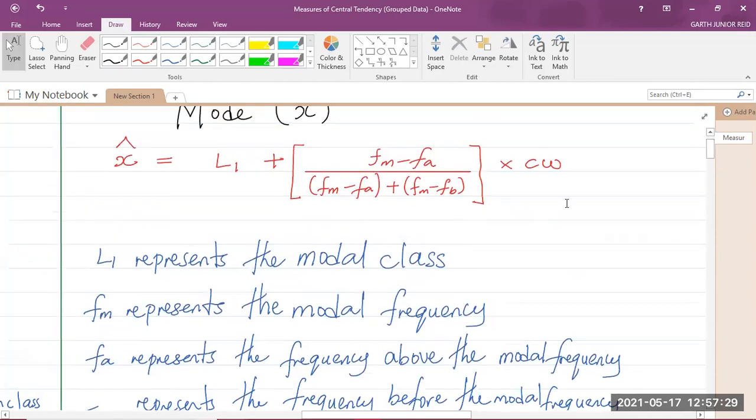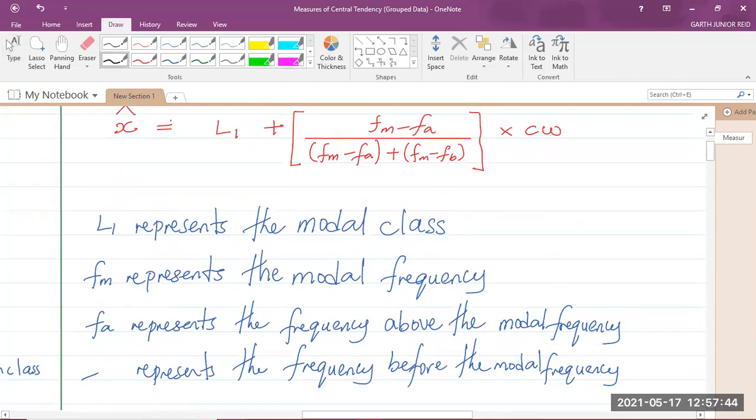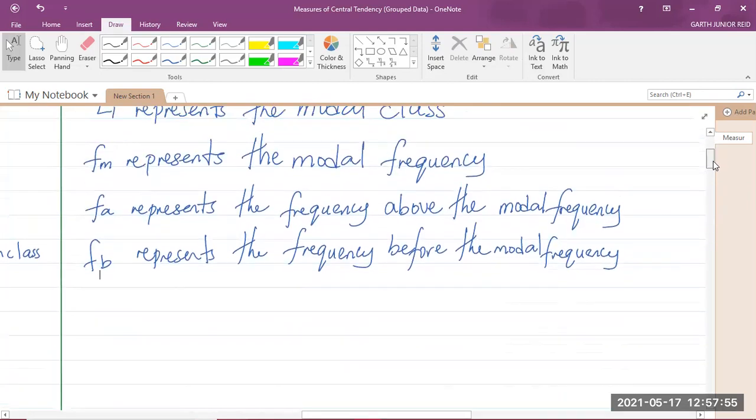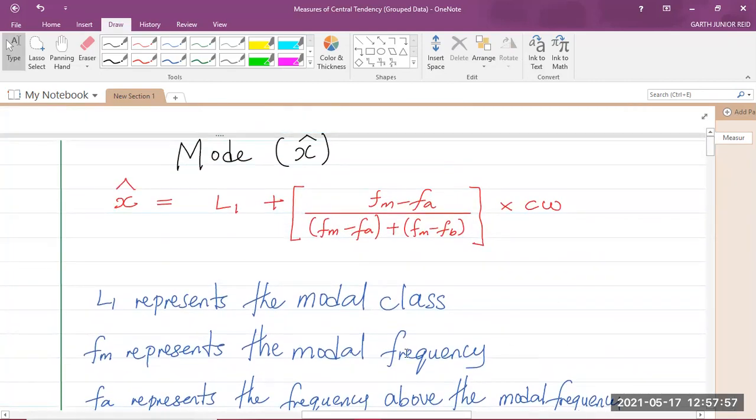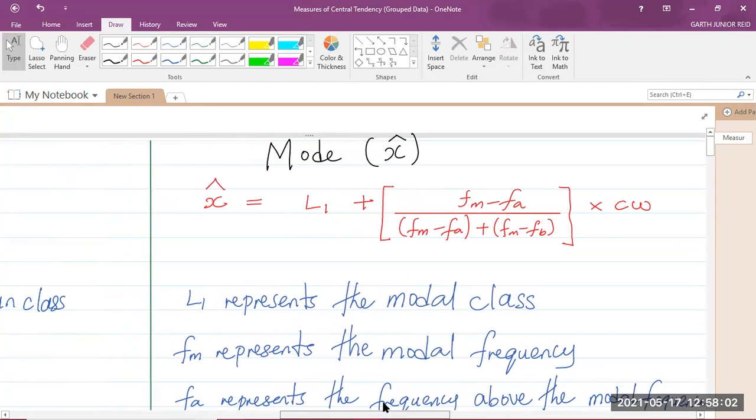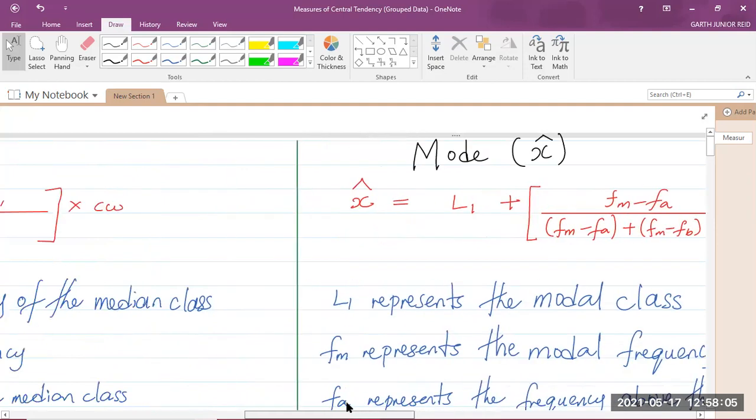All right, so L1 represents the lower boundary of the modal class, the Fm represents the modal frequency, Fa represents the frequency above the modal frequency, and the Fb, this is supposed to be Fb right here, represents the frequency before the modal frequency. Okay, that is what we have. All right, so before we go about calculating, let us find the modal class.